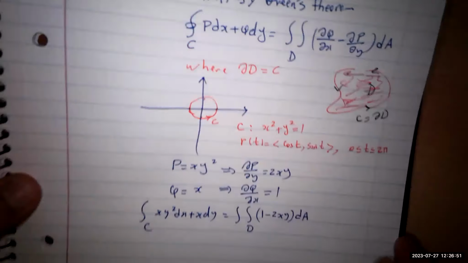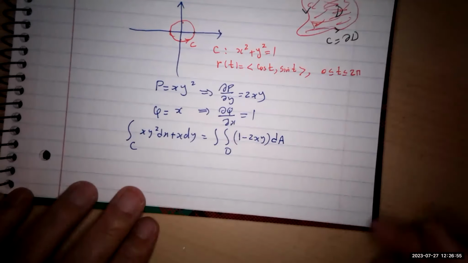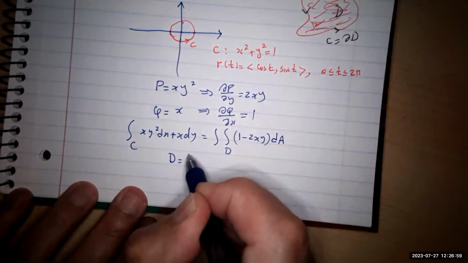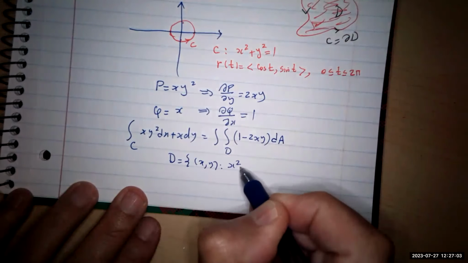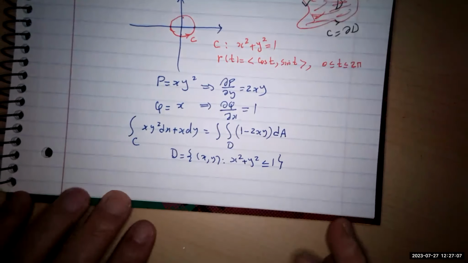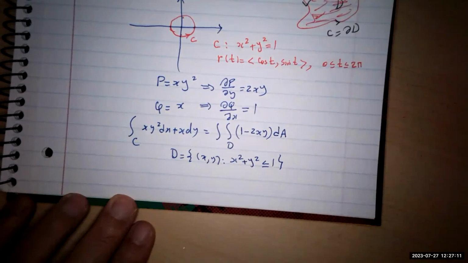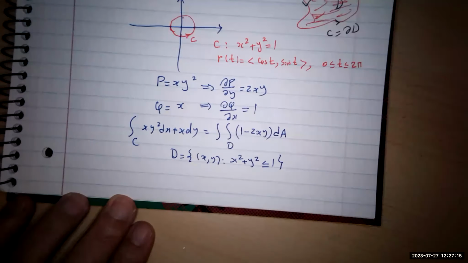The domain is going to be all the points inside and on the circle. This is your domain, so you have to decide how you're going to take this integral. You had better do it with polar coordinates.